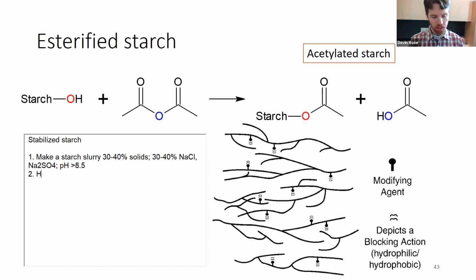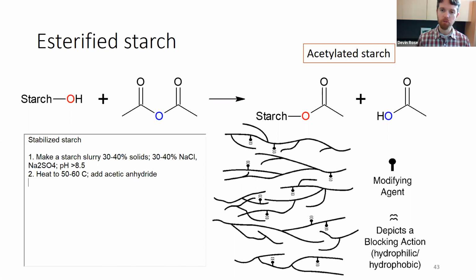That's going to help drive this reaction better. And then we're going to heat that up to maybe 50 to 60 degrees and add our anhydride. And it's acetic anhydride in this case.